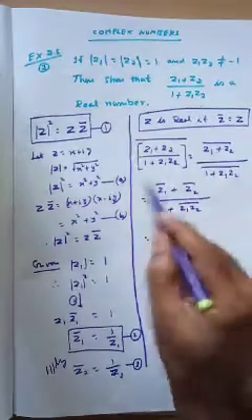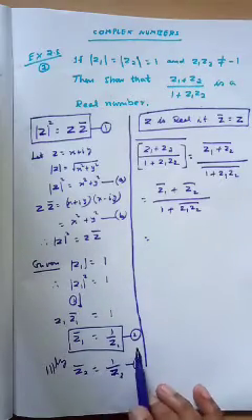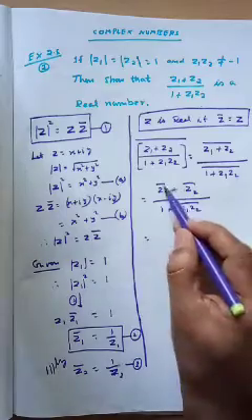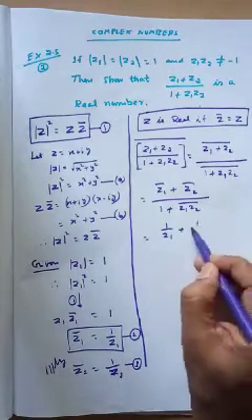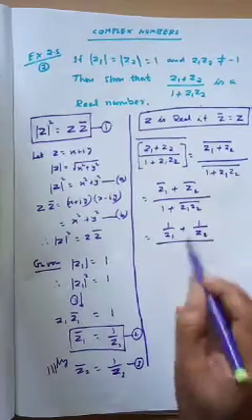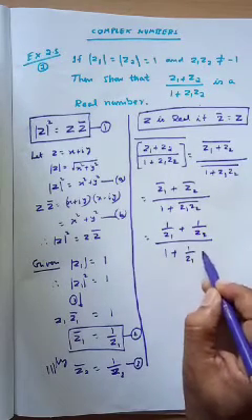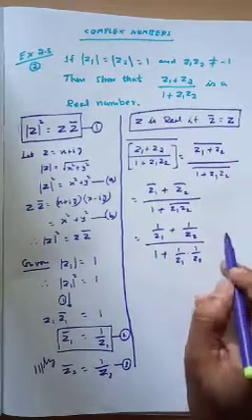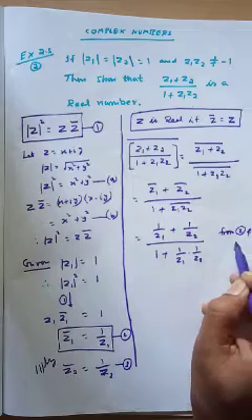And Z1 bar, you can notice here, Z1 bar already we have found a value. Z1 bar is 1 by Z1. In this question we are using equation number 2, it is 1 by Z1, and this is 1 by Z2 using equation number 3, divided by, again individual bar can be written as separate bar, so this is again 1 by Z1 dot 1 by Z2. We got this result from equation 2 and equation 3.